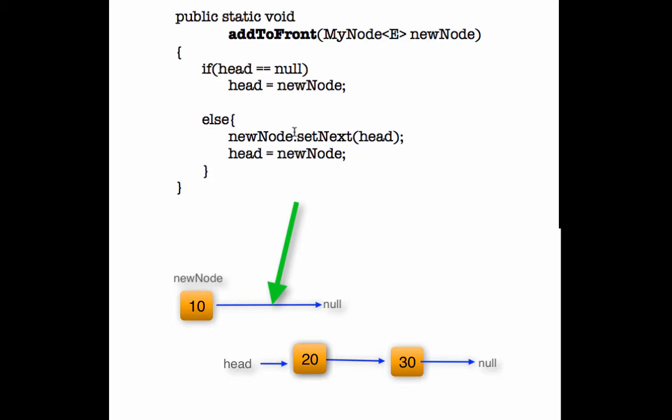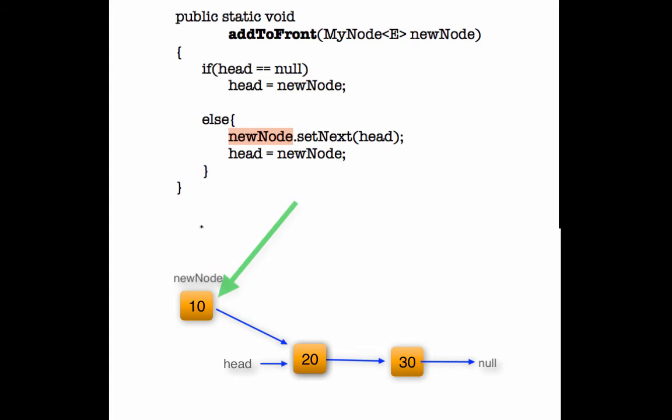So what I want to do is to change it, all right? So I'm going to say new node dot set next, which is this, and assign to it the value head. So this is the blue arrow. So now I have two references referring to the first node: what I'm calling head, that tells me where the list starts, and then what I call next in the new node.